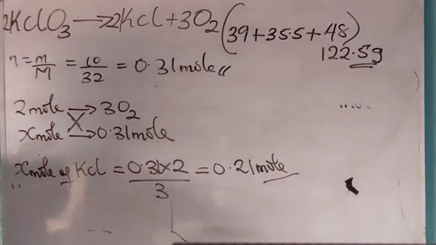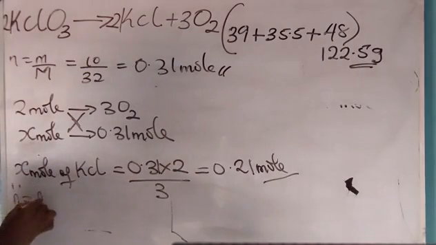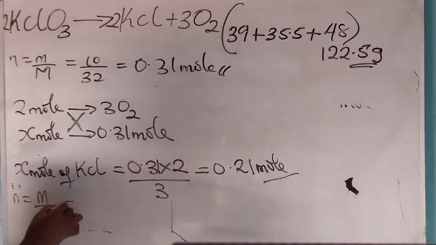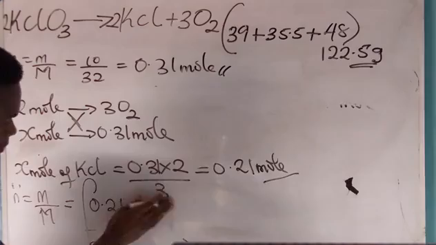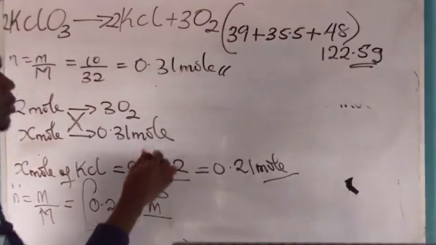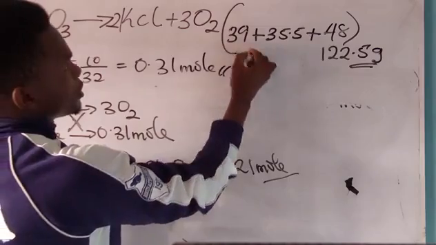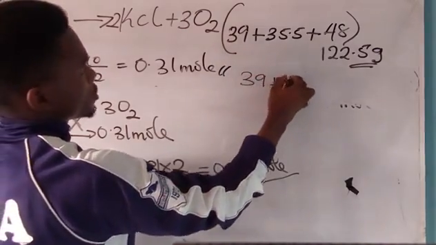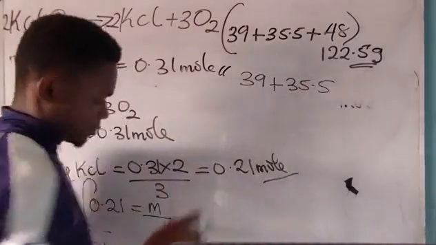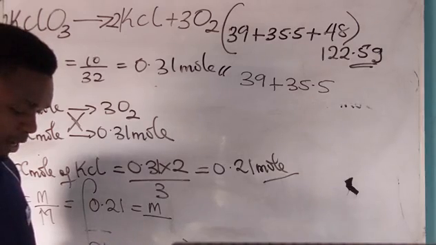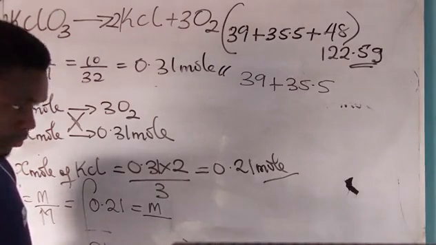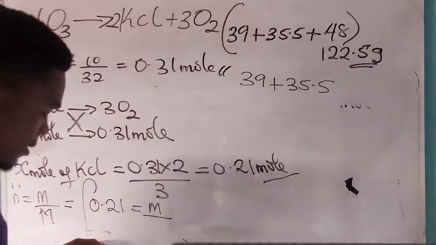It therefore means that number of moles of potassium chloride equals mass over molar mass. The mass is what we are looking for. So number of moles is 0.21 equals mass over molar mass. Potassium is 39, so 39 plus 35.5 equals 74.5.